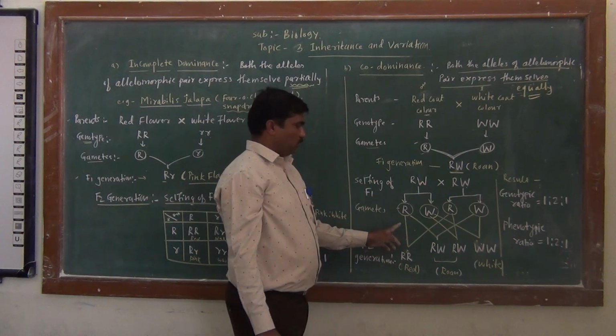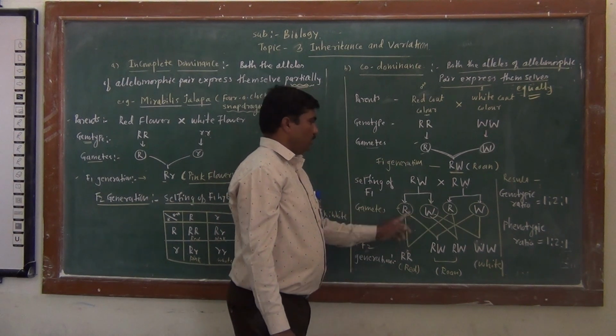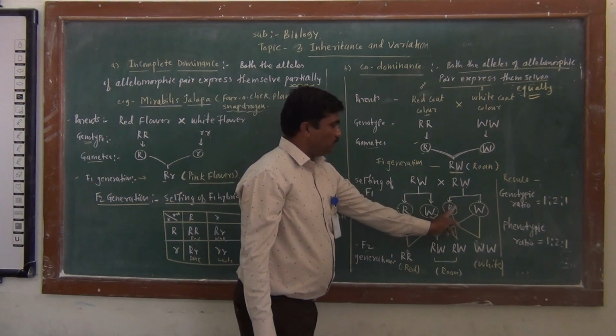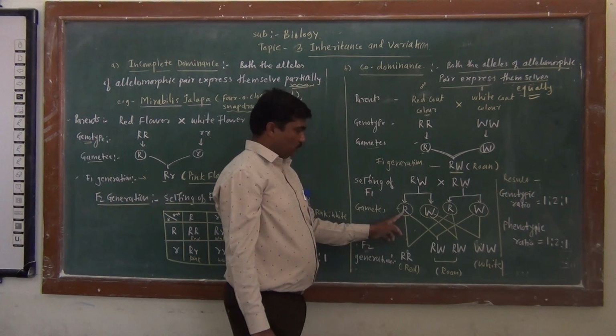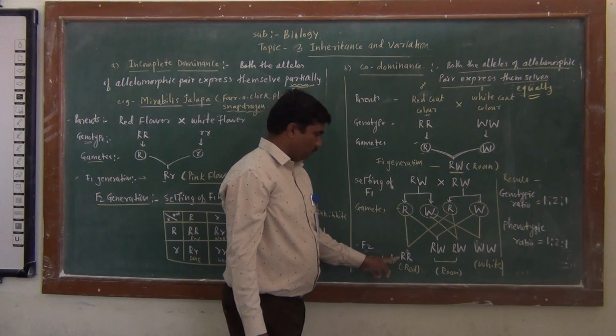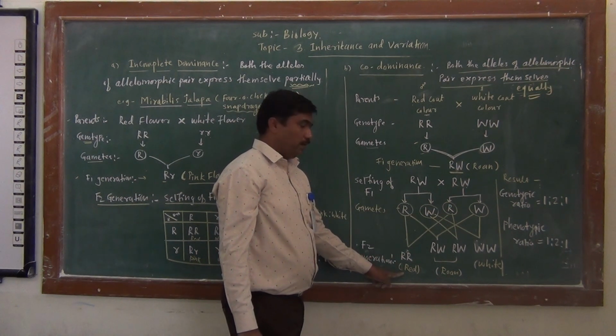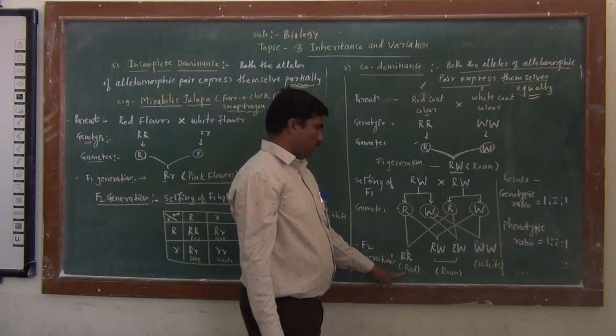Then we cross these gametes, fertilizing with the eggs. First, capital R fertilizes with capital R to form capital R, capital R. This is the red skin color, red coat color.